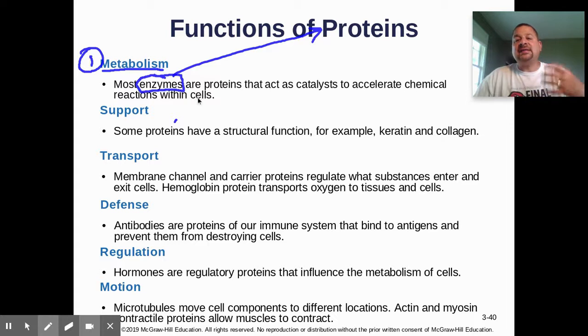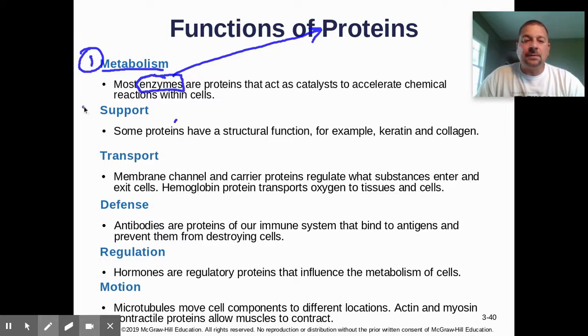You need an enzyme for just about every single reaction taking place in your body, in your cells. They bring 2 substrates together and help cause anabolic reactions, building. They will also cleave bonds and do catabolic reactions, which break them apart.